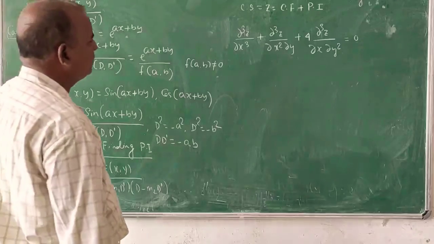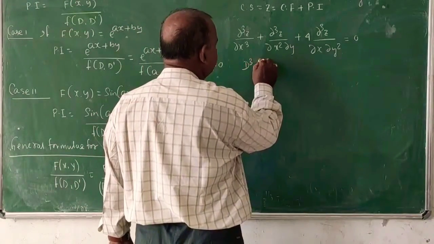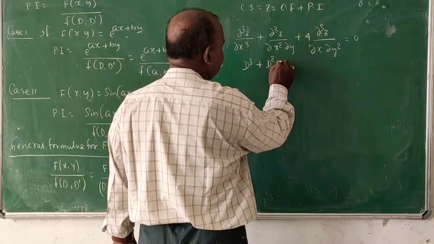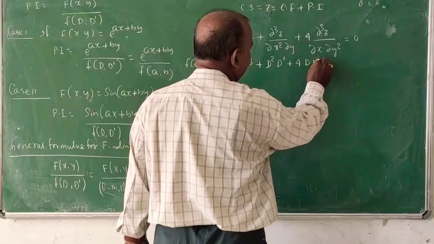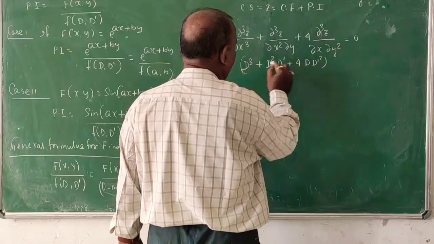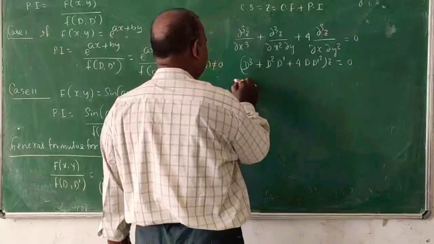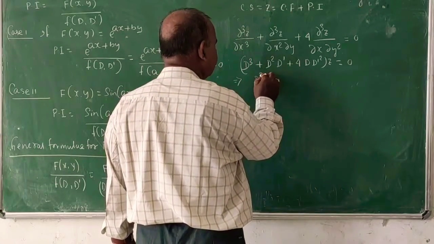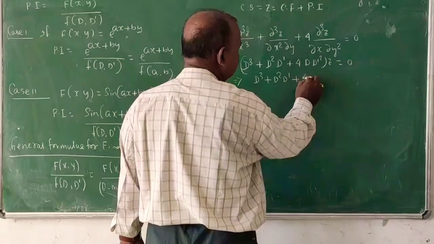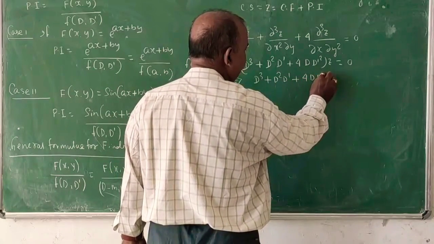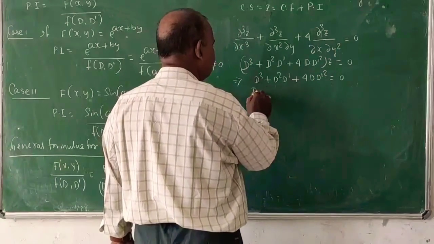The next step is to write it in operator form: D cube plus D square D dash minus 4 D D dash square operating on z equals 0.